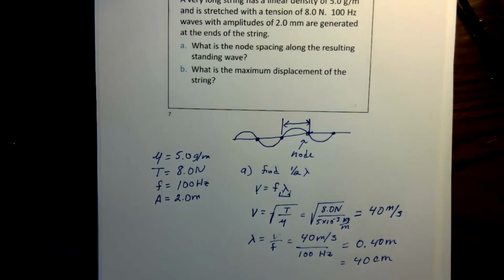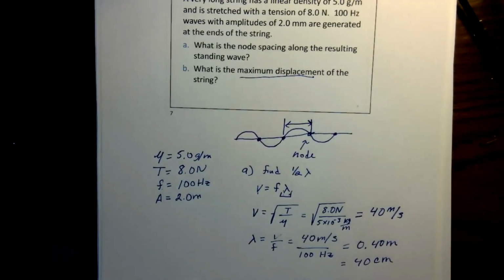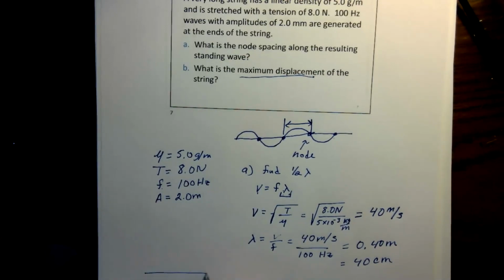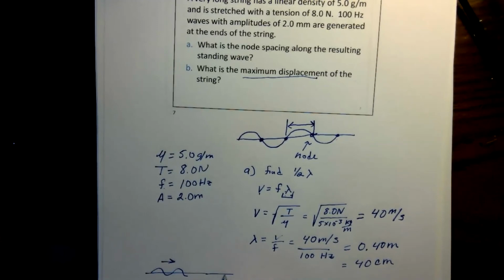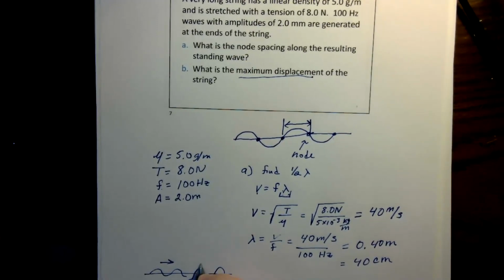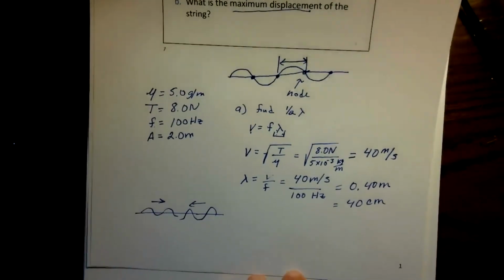Now, part B, maximum displacement. So, we're talking about standing waves, right? If you recall standing waves, we essentially have one wave that's traveling one way, and the other wave is traveling the other way. And these two waves are going to meet.